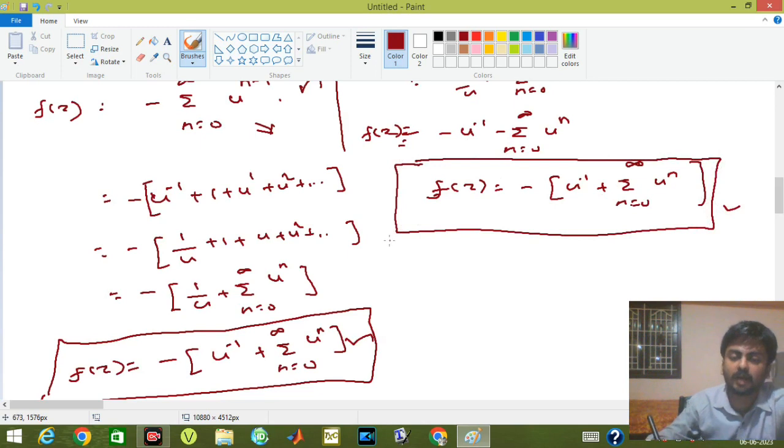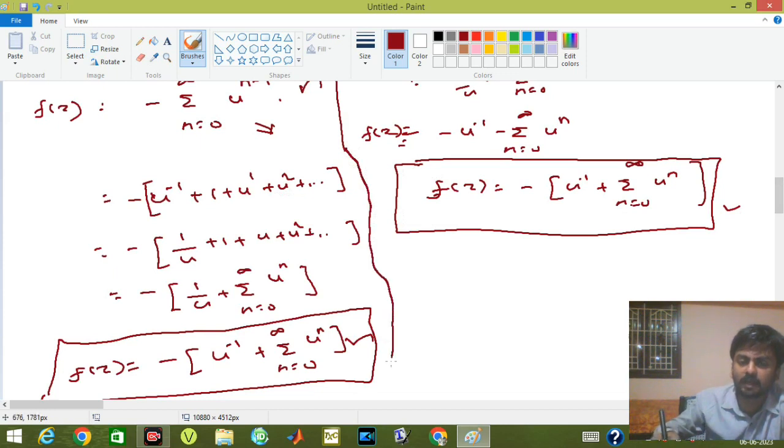So for this kind of f of z, we will have two results with two different methods, but both the results can be simplified till the end to give the same result. But we have to be very patient to solve till the last step.